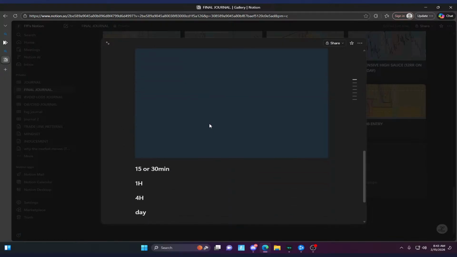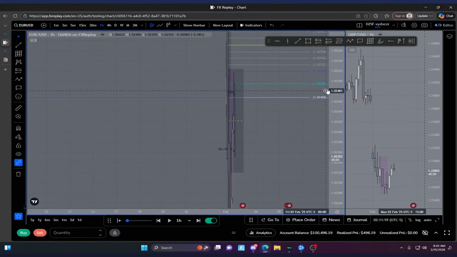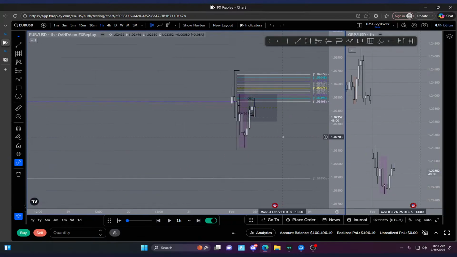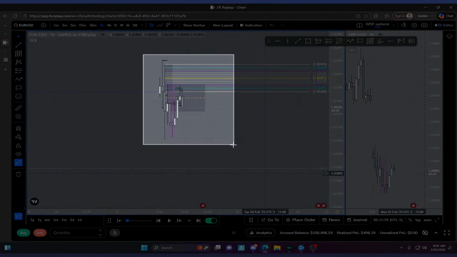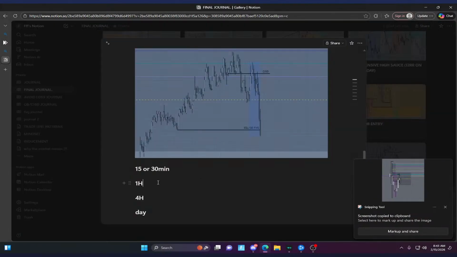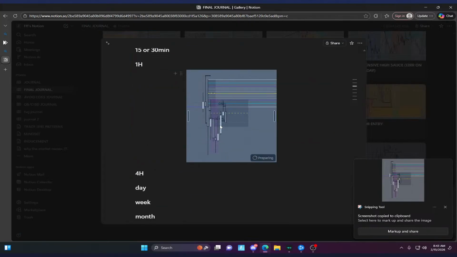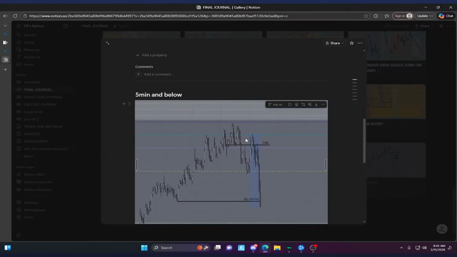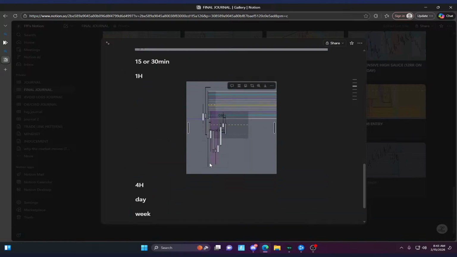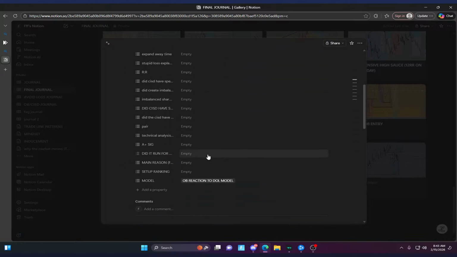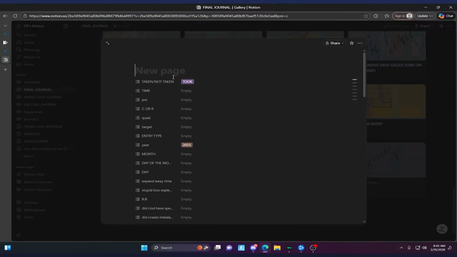5 minutes or below. What block, and everything you think you need to see. It's all preference. But this is what I think I only need to see. The model. What about reaction? Strong liquidity model, yes. And then 1H OB, CE reaction.